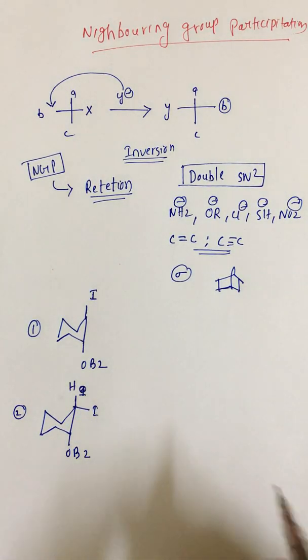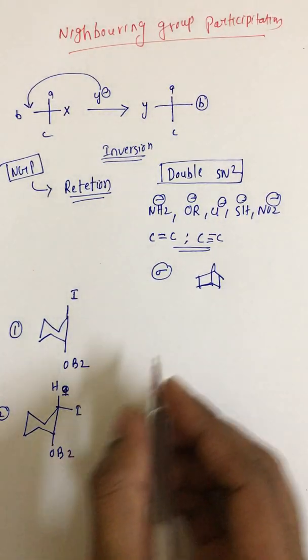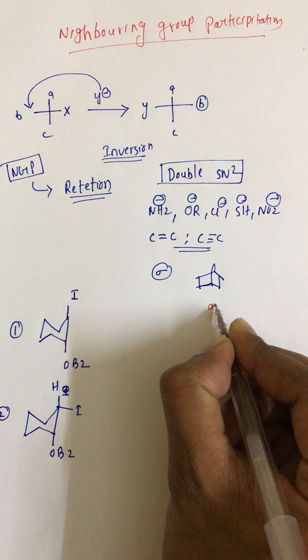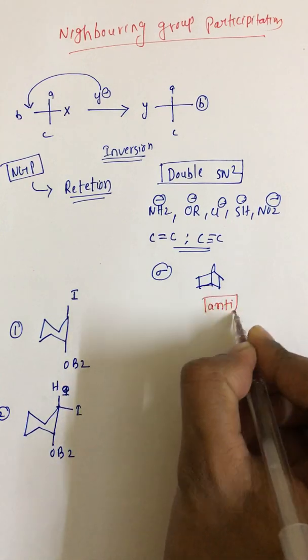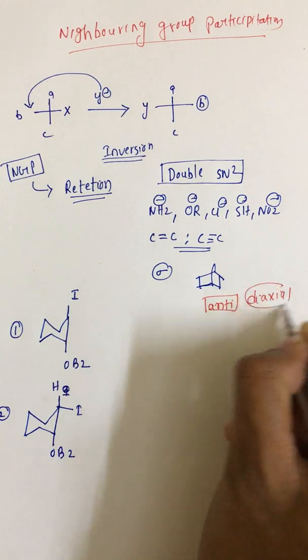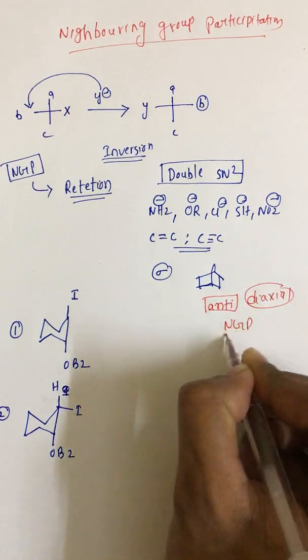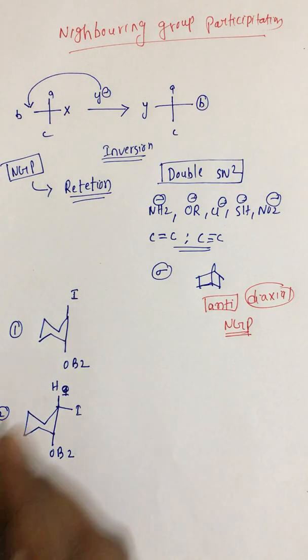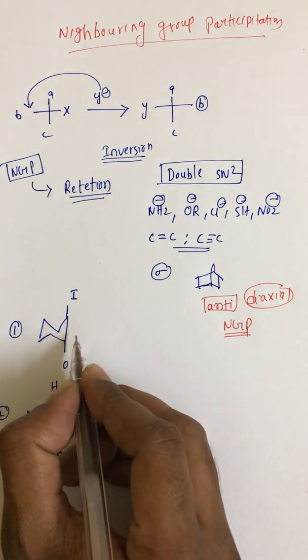So just remember, in case of cyclohexane, if two groups are anti to each other, or we can say diaxial, in that case the neighboring group participation will be higher. Because then only it can be involved in the neighboring group participation.